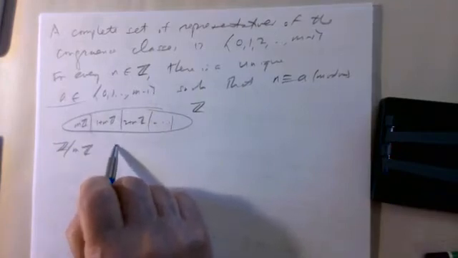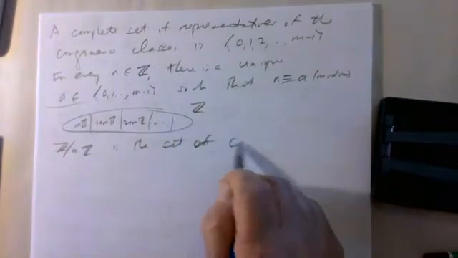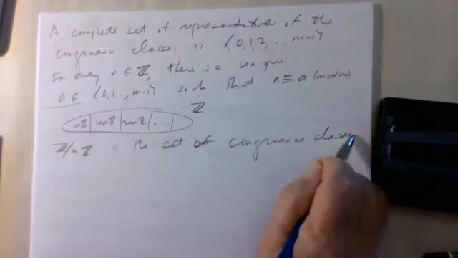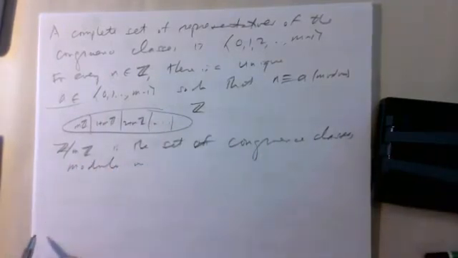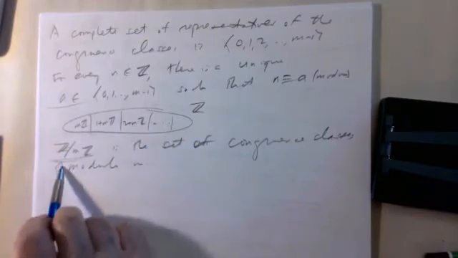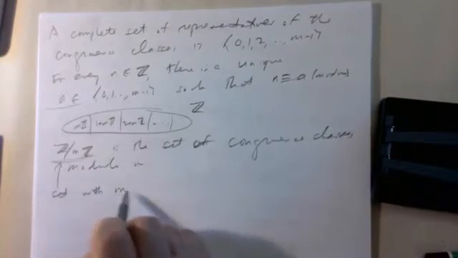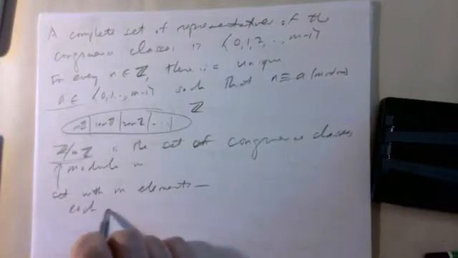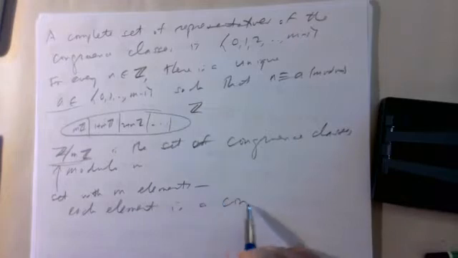This is the set of congruence classes modulo m. So this is a finite set. This is a set with exactly m elements. Each element is a congruence class.